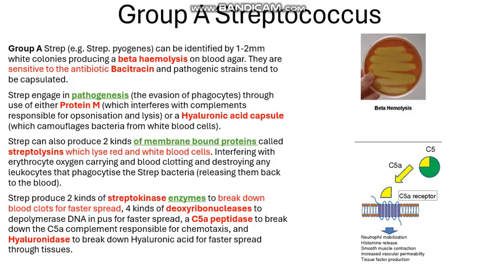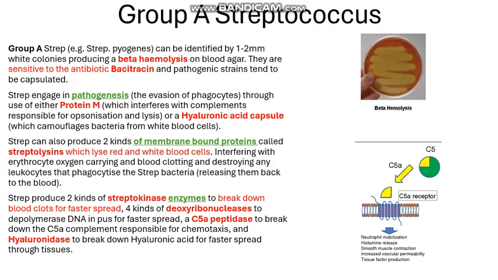Strep can also produce two kinds of membrane-bound proteins called streptolysins, which lyse red blood cells and white blood cells, interfering with erythrocyte oxygen carrying and blood clotting, and destroying any leukocytes that try to phagocytize the strep bacteria.